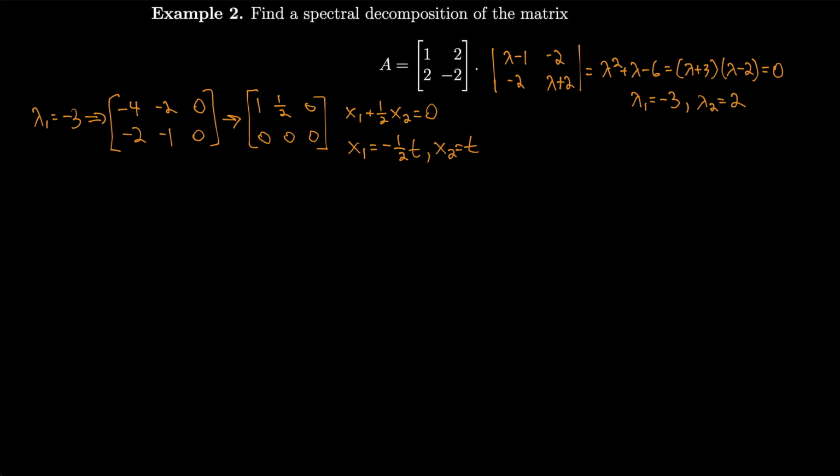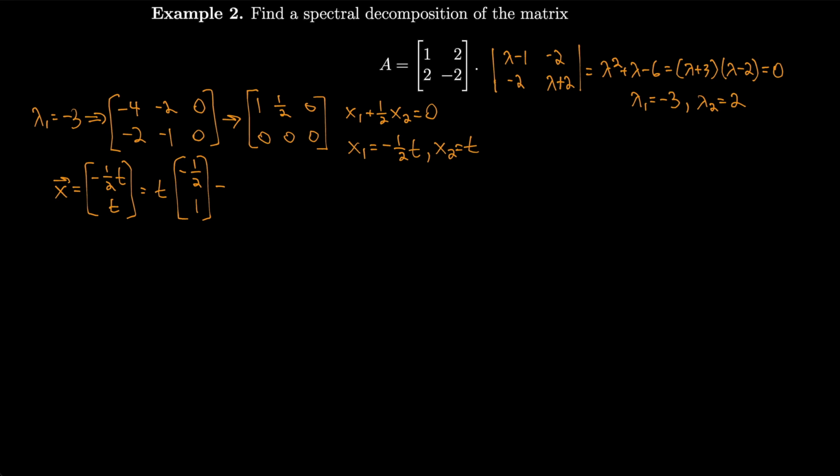So now I'll write x equal to minus half t, factor out t, and have left over minus half, 1. So that means that I could just multiply this entire thing by 2 so that I could avoid having the fraction.